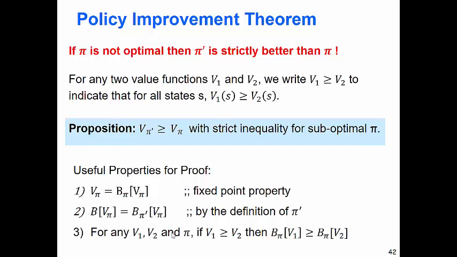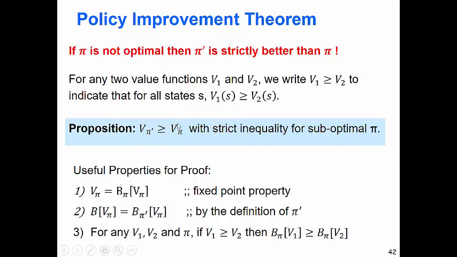And so really what we want to do is prove this proposition here. We're in the context where we're assuming that pi prime is the result of policy improvement on pi, and we want to show that v pi prime is always at least as good as v pi.